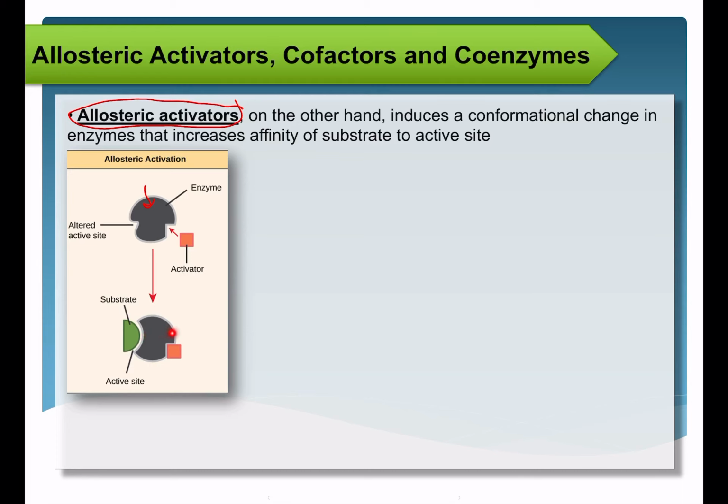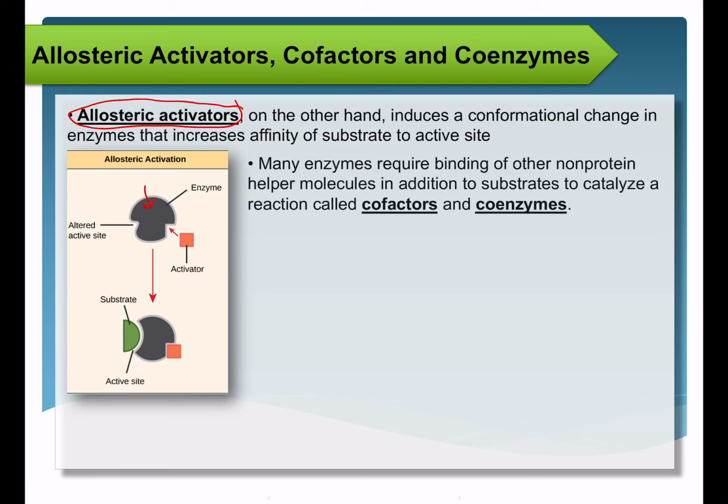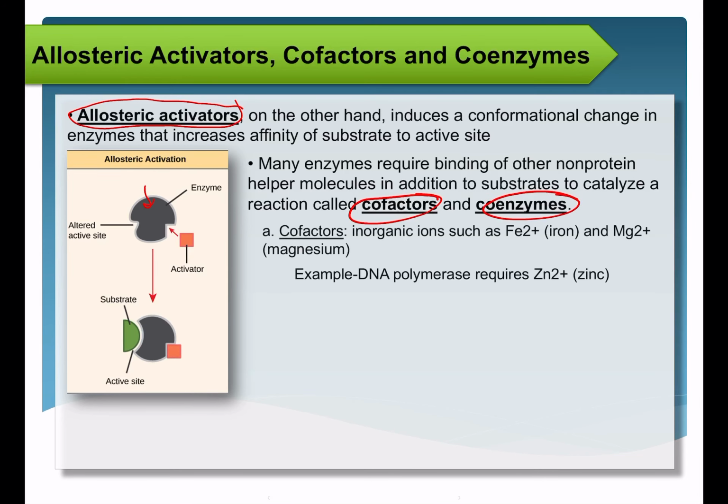Okay, so without this activator binding to the enzyme, this original substrate can never bind to the enzyme. And a lot of these allosteric activators come in the form of what we call cofactors and coenzymes. Now, cofactors are inorganic ions such as iron or magnesium or zinc.